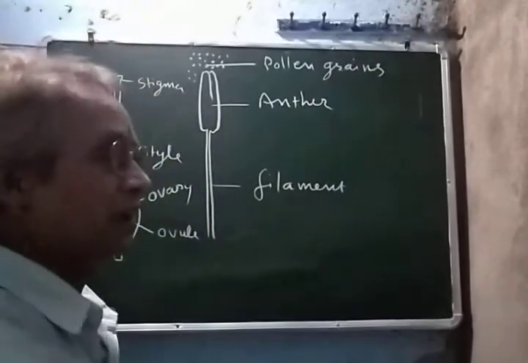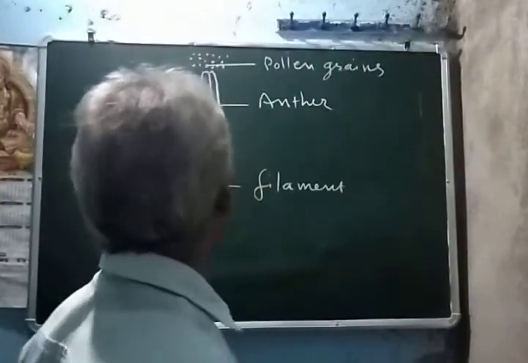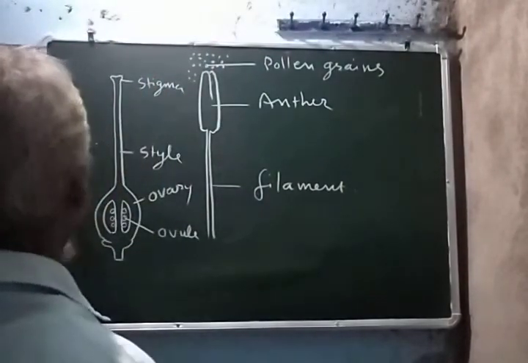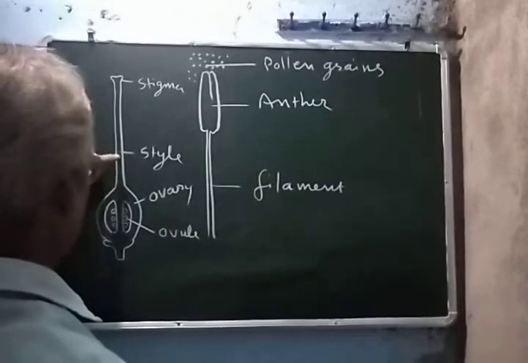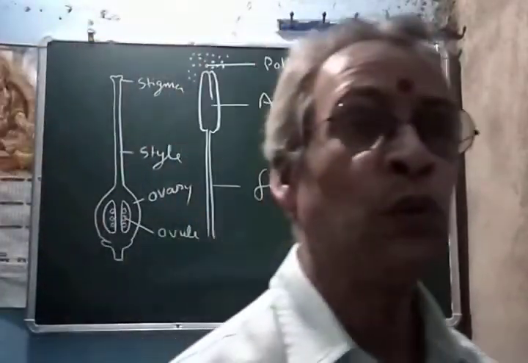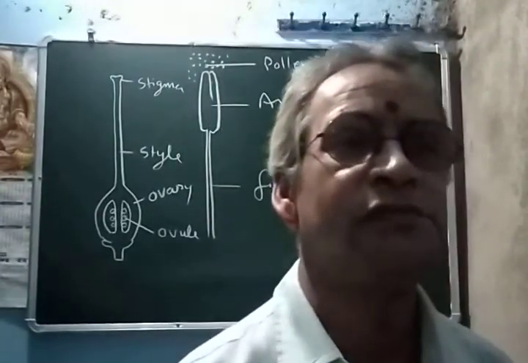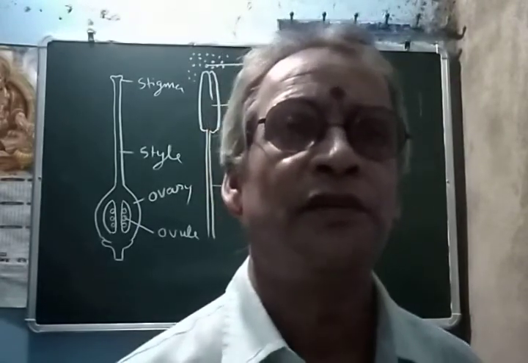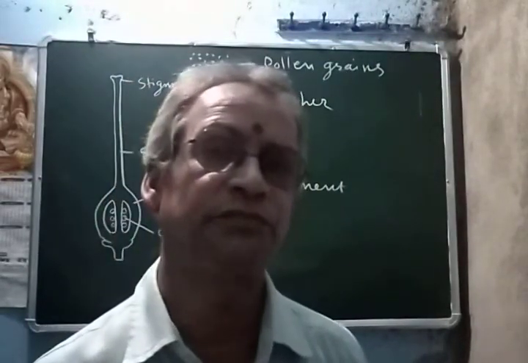Pollen grains or male gametes, after pollination, move through the style and reach the ovule, enter into the ovule, in which the male gamete fuses with the female gamete.